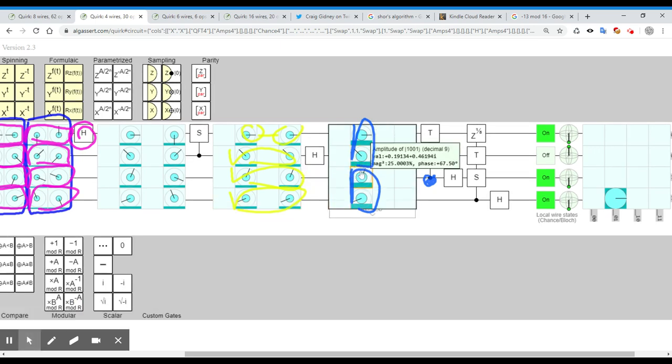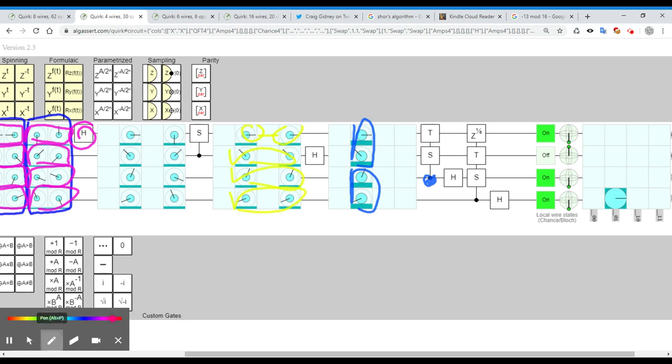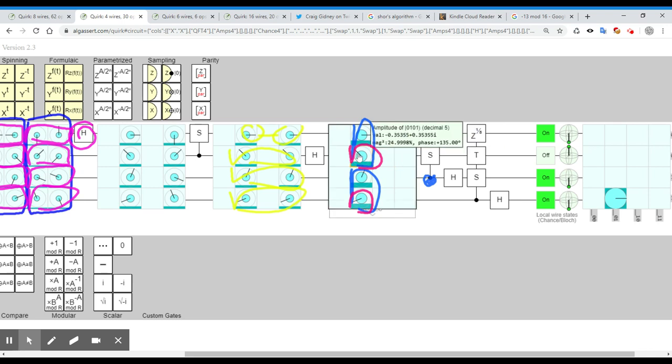And that's the one component, so it's going to touch the phase in here with an S and a T? No. Wait.